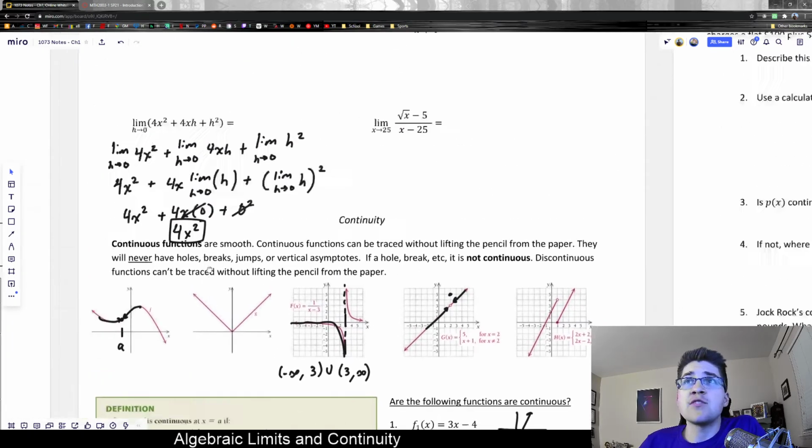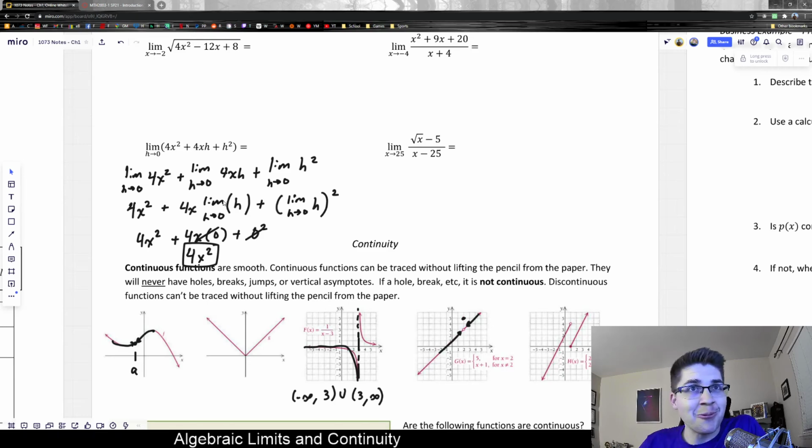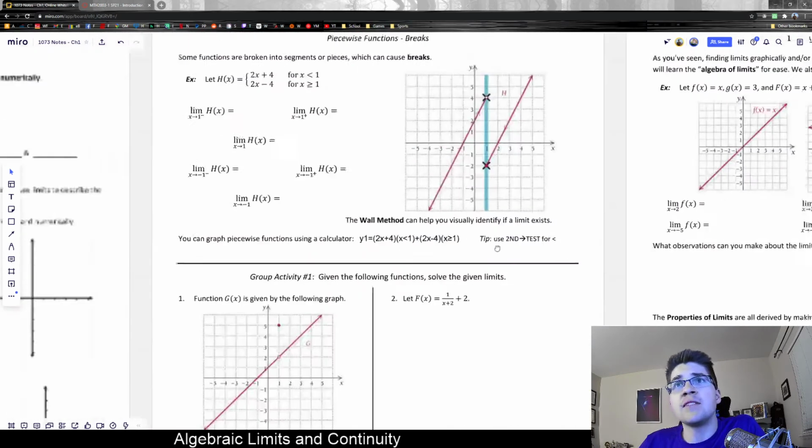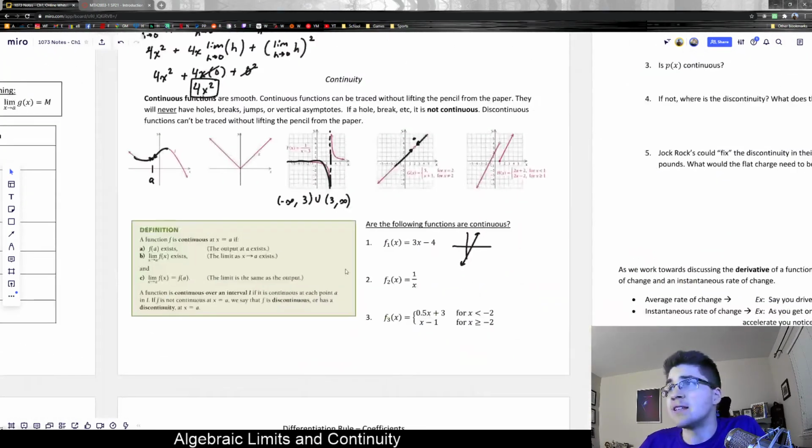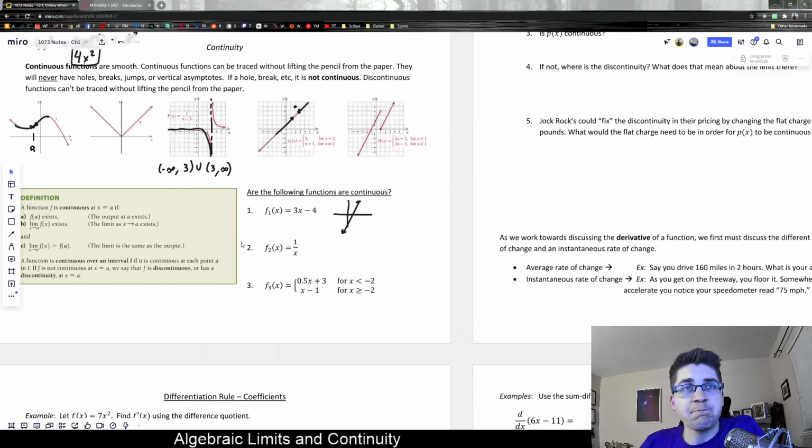That prevents us from having to do algebraic limits like we were working on, which, as you can agree, are pretty tedious. Or it prevents us from having to do limits graphically or numerically. All of those methods take quite a bit more time. So summarizing, continuity makes limits a whole heck of a lot easier when it's continuous. And when it's not, then we can use those other techniques to try to figure out what is going on.